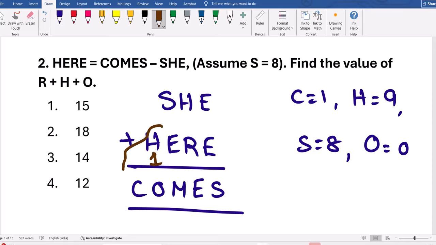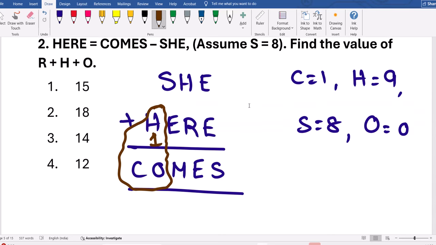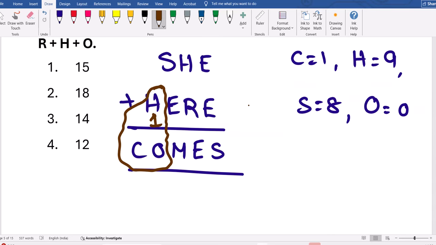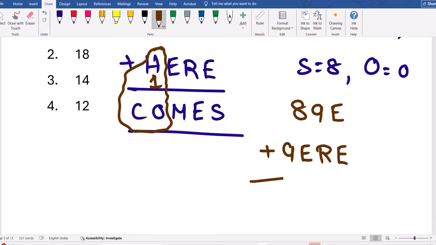H plus 1 must be equal to CO. Again, there is some issue in this question also, I do agree. 9, E, R value we don't know, okay. E, yeah, 14, okay, fine. C value 1, 0, M we don't know, E, S.